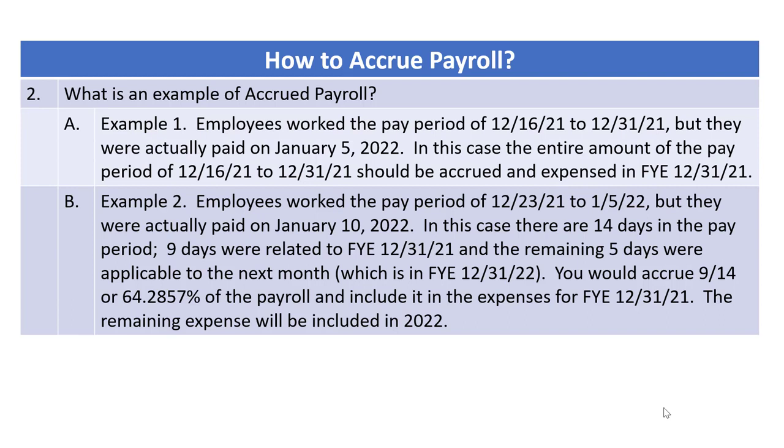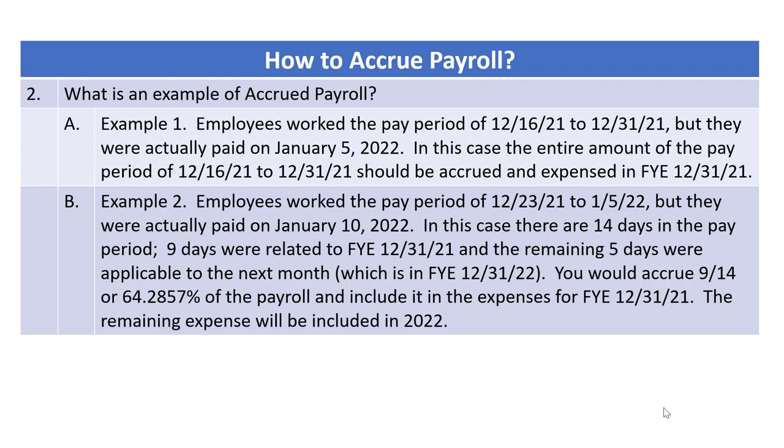Example B. Employees work the pay period 12/23/21 to 1/5/22, but they were actually paid on January 10th of 2022. In this case, there are 14 days in the pay period. 9 days were related to FYE 12/31/21, and the remaining 5 days were applicable to the next year, FYE 12/31/22.